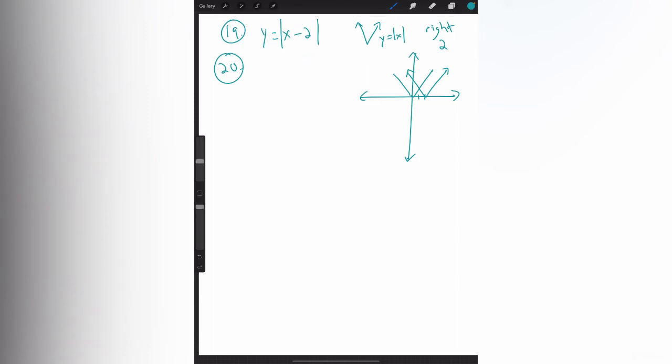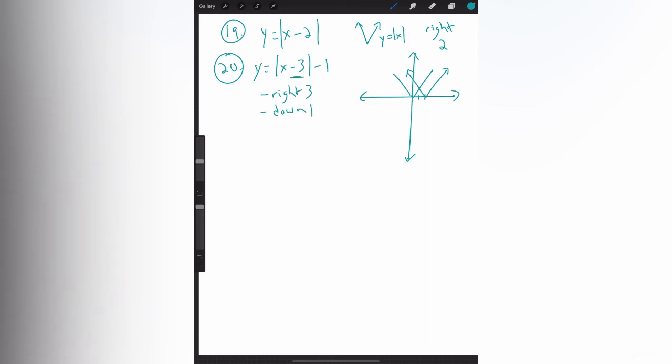Okay, so number 20, I'll go ahead and go through this one. Y equals absolute value of x minus 3 minus 1. So on this one, check this out. Remember I said when you subtract, you're going to move to the right. So from the parent function, y equals absolute value of x, I'm going to move it right 3, and I'm going to move it down 1.